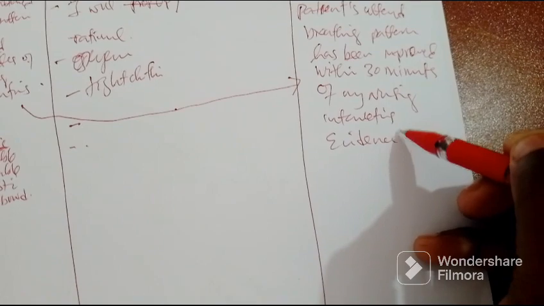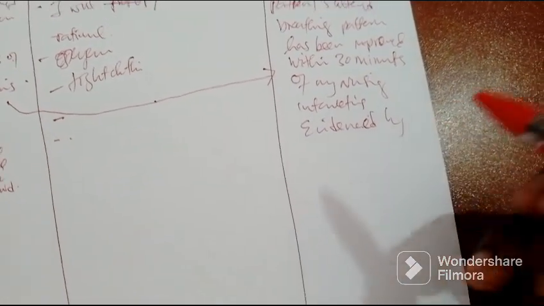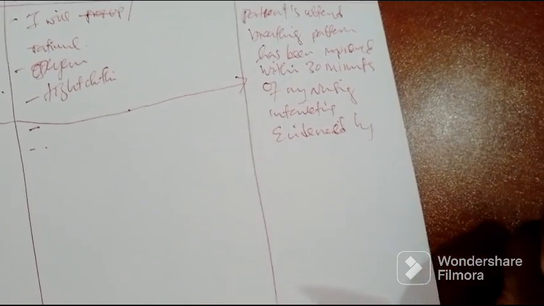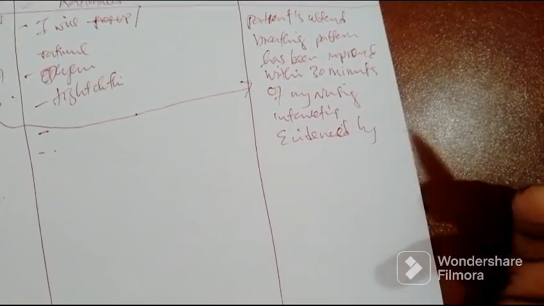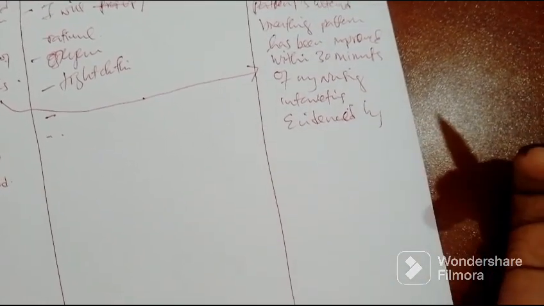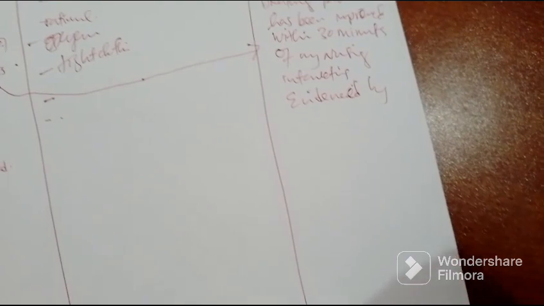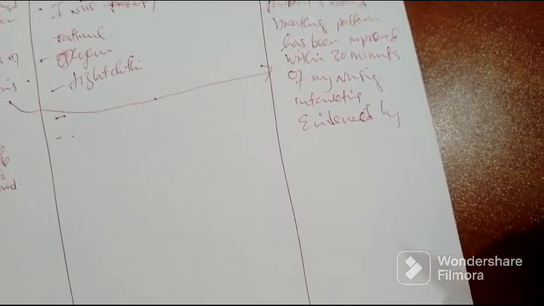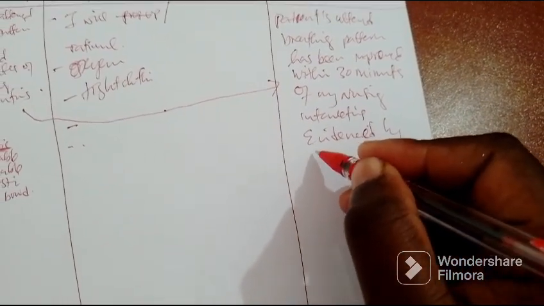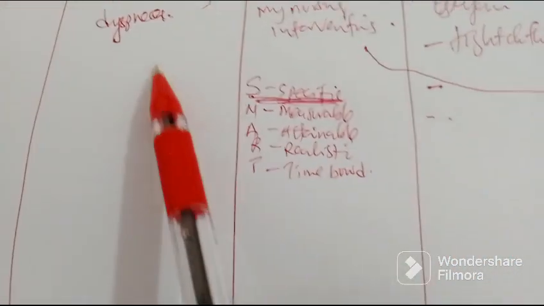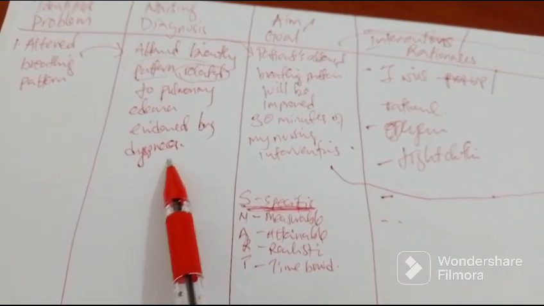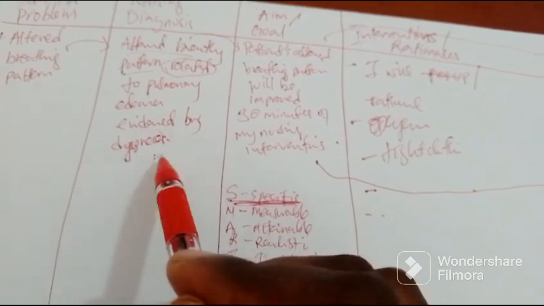evidenced by. So you need to always put an evidence whether the problem is actual or it is a potential problem, like risk of pressure sores, risk of acquiring nosocomial infections. All of those need to have an evidence. Okay, so evidenced by. Our evidence here was dyspnea. So mostly you can put the opposite of what your evidence was.